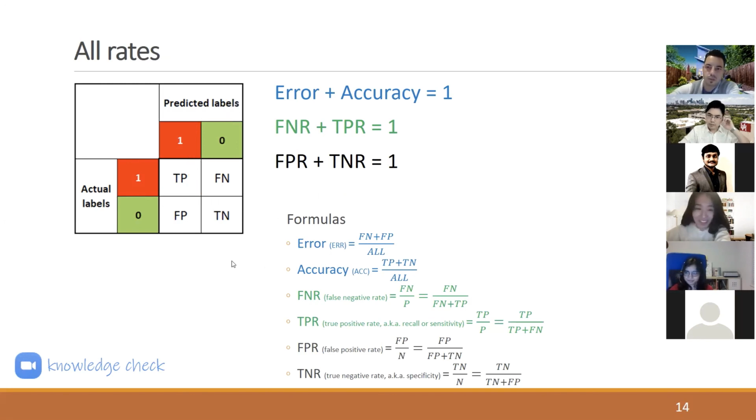So let's try. I'll say a term here, one of these 6 terms, most likely the complex terms, and try to construct the concept in your mind in terms of how it's calculated by using the graph, the confusion matrix.